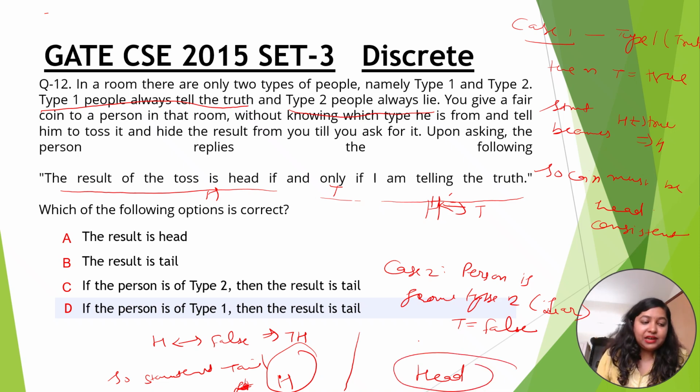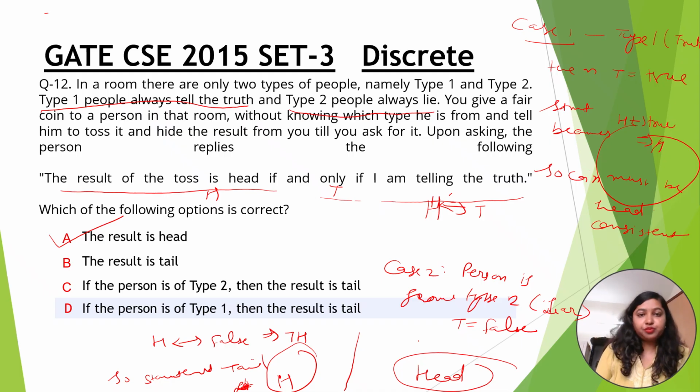Okay, so B, C, D are incorrect and option A is correct. So when the result of the toss is head if and only if I'm telling truth, the person is telling that when he is telling the truth he must be having this H as the head, and it is consistent in this case, and in this case too also the person is consistent: when we consider T to be false, not H will appear, and not H will appear means tail is there.